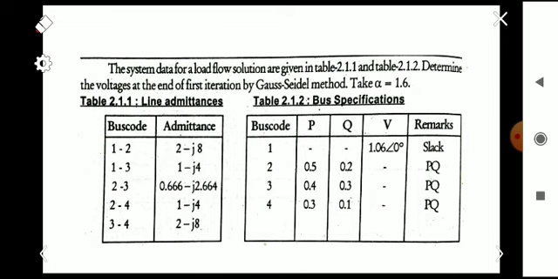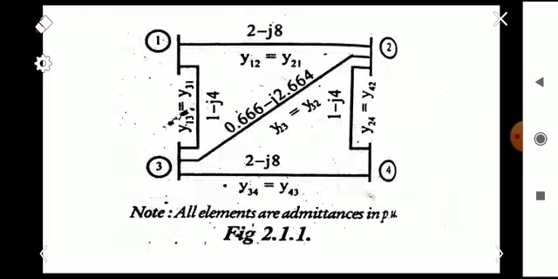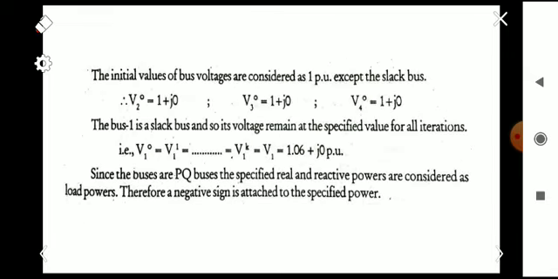So the voltage for the first bus is 1.06 angle 0, that we can see here, that is V1(0). Bus 1 is a slack bus, and so its voltage remains the specified value for all iterations, which means V1(0), V1(1), then V1(2), V1(3) are all 1.06 plus j0 per unit.